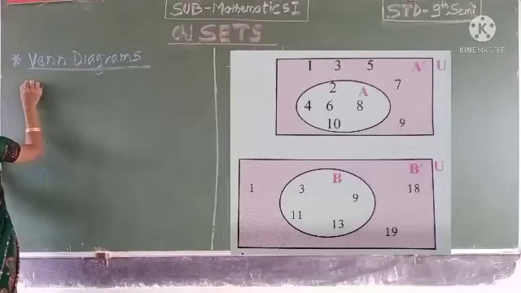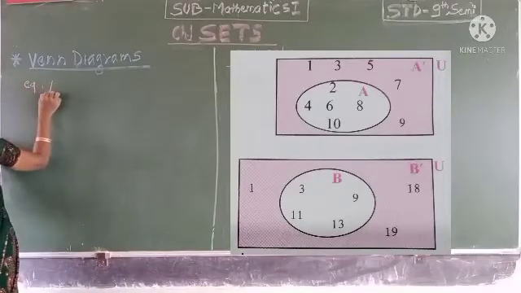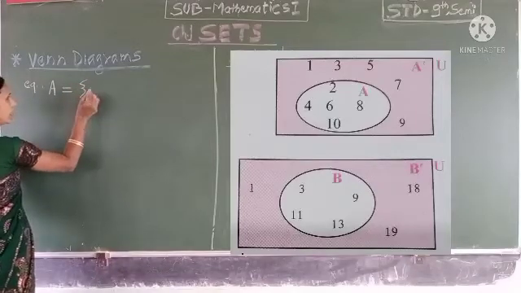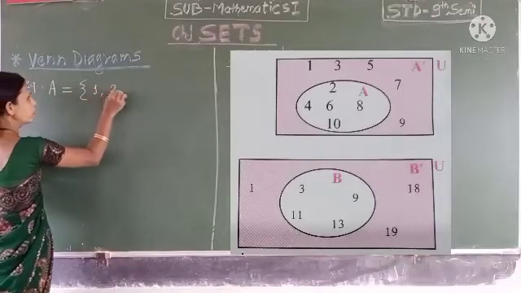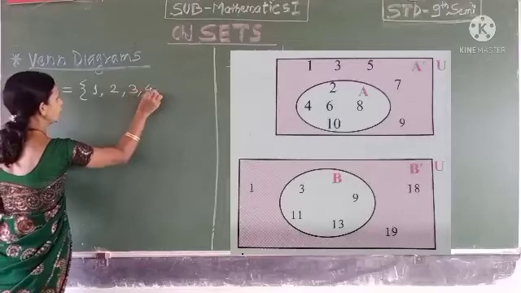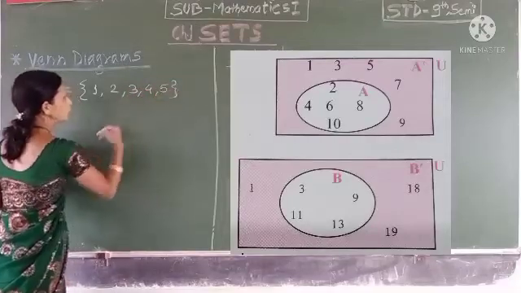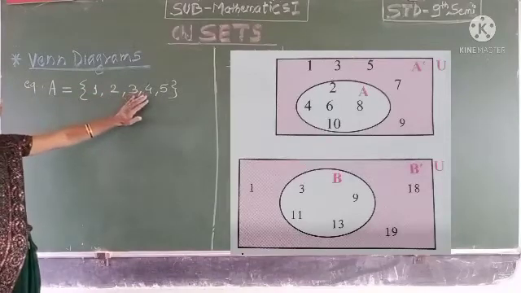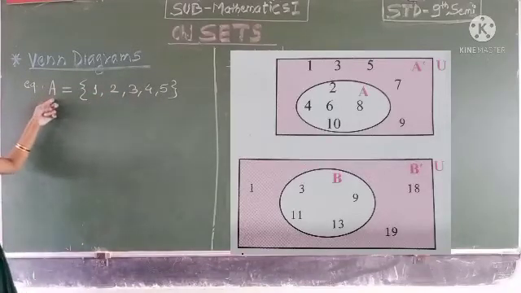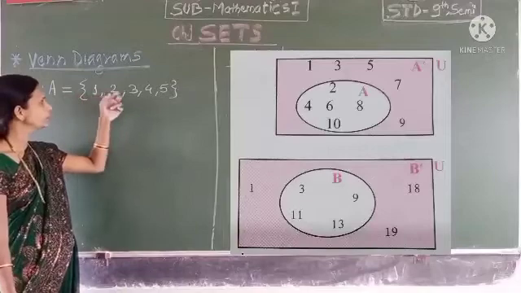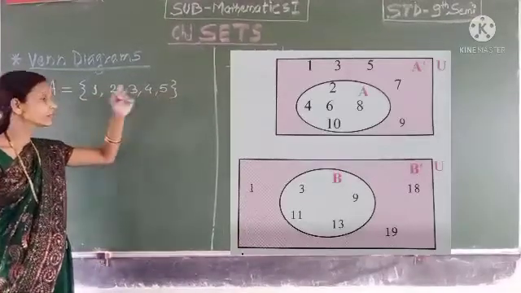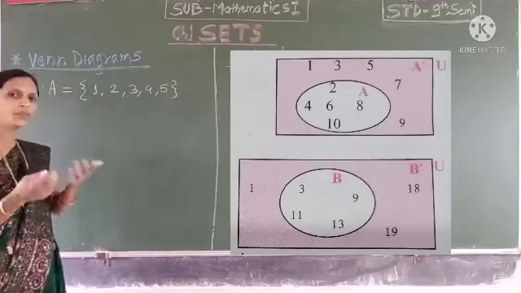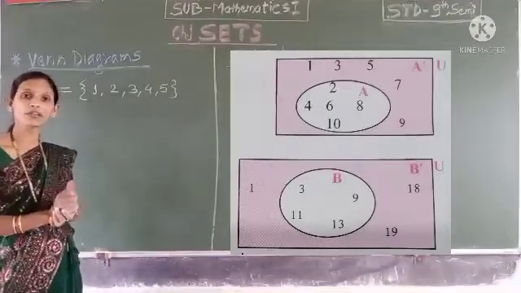For example, if there is a set A which contains 1, 2, 3, 4 and 5, that means there are a total of 5 members present in set A, from 1 to 5. Then set A can be represented using a geometrical figure.